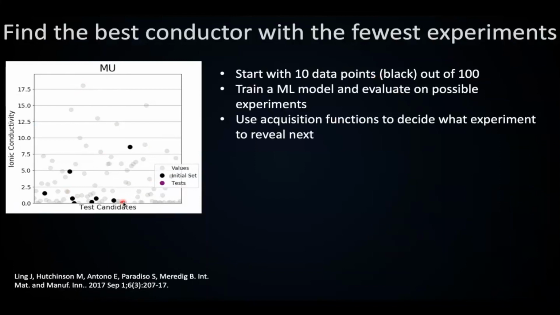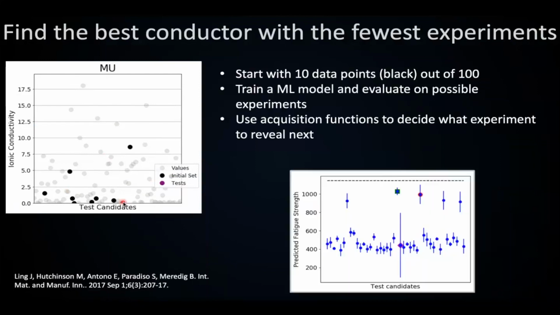With the model, I'm going to evaluate all of the remaining 90 possible experiments, and I'm going to rank them in terms of how good or bad the model thinks those materials will be. And then I have a decision to make. Which of all of these do I want to try next?